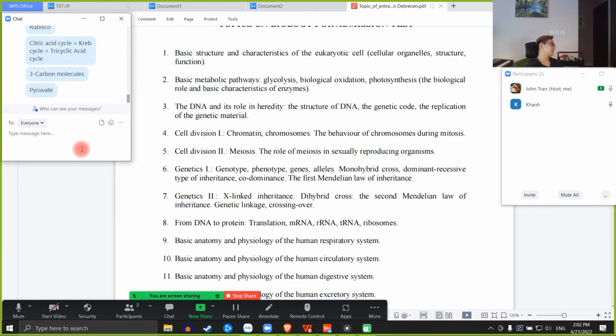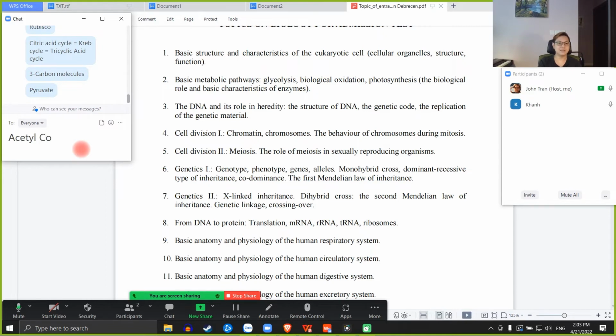The pyruvate then undergoes the linking phase to create acetyl-CoA.